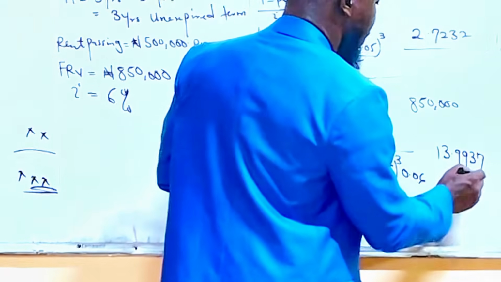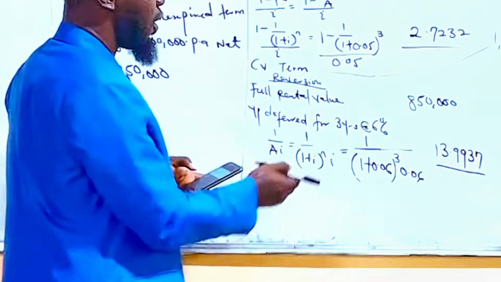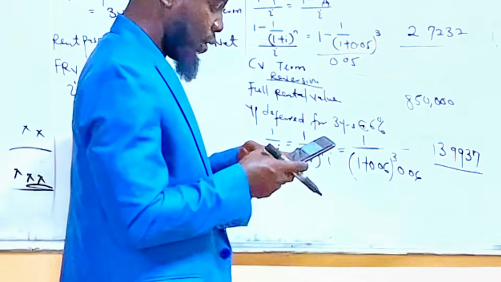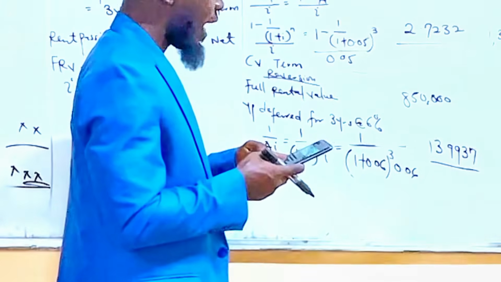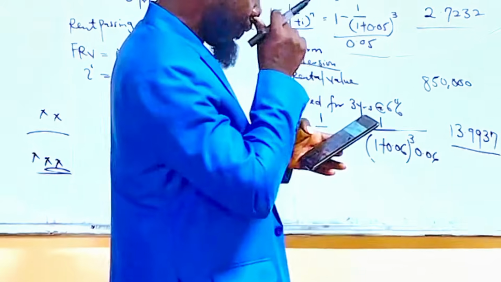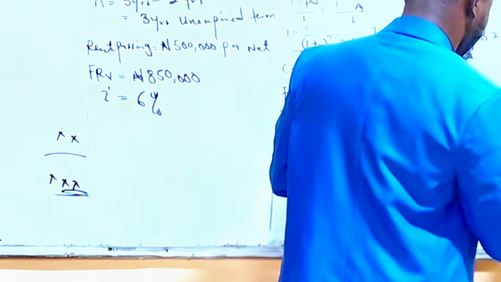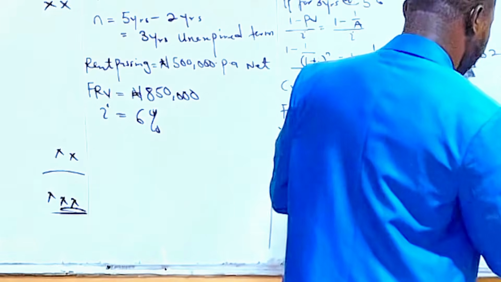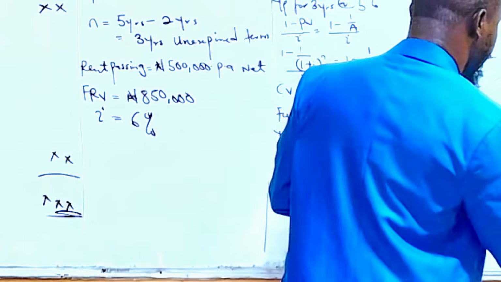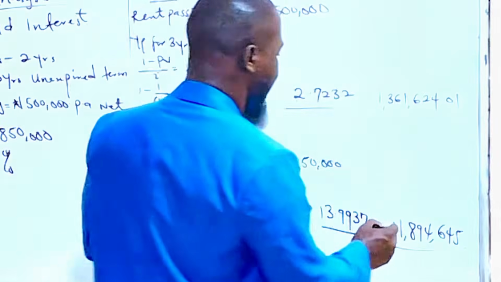When we multiply this, any value that we have is our capital value for the reversion. 13.9937 times 850,000, we have 11,894,645. Now this is the capital value for the reversion.